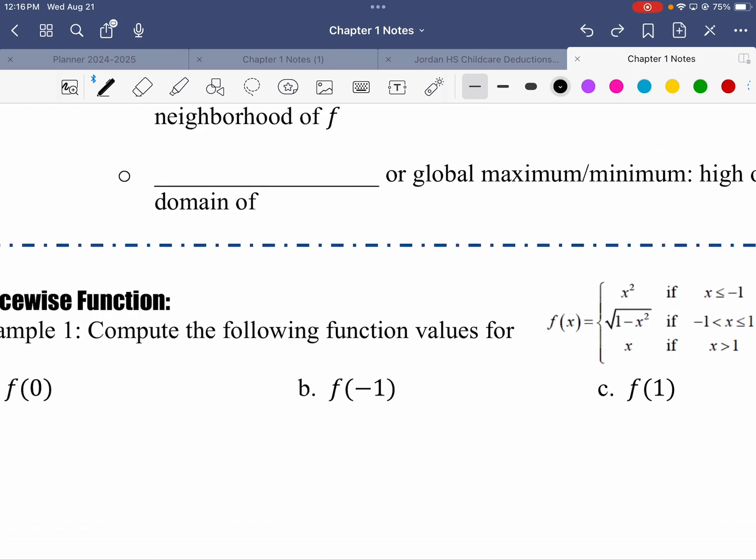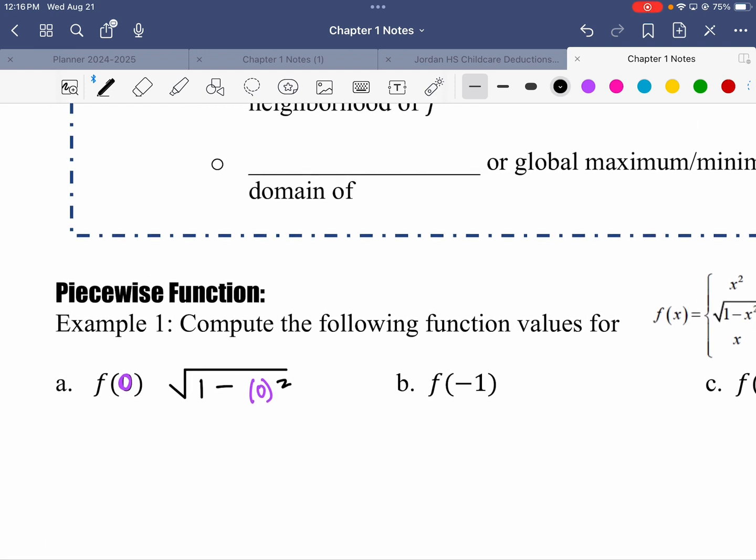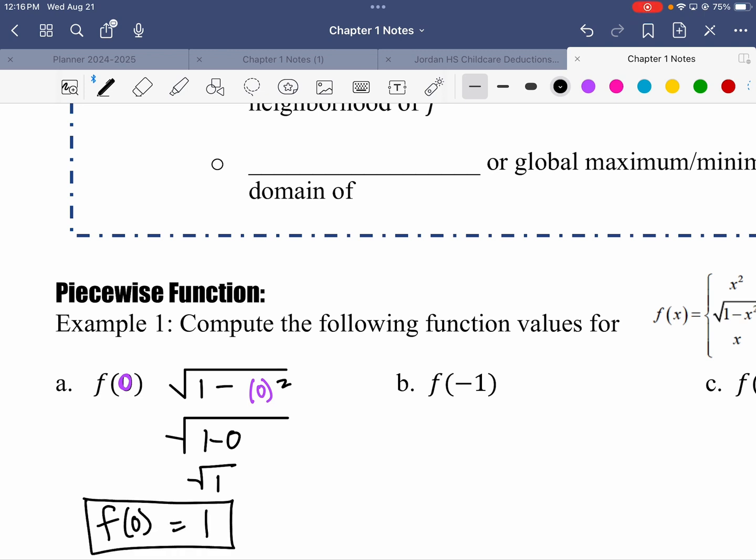So what we do then is we plug the 0 in, just like we did with a normal function, but this time we need to specifically plug it in to the square root of 1 minus 0 squared. Okay. Well, what is 0 squared? 0. What's 1 minus 0? What's the square root of 1? So f of 0 equals 1.